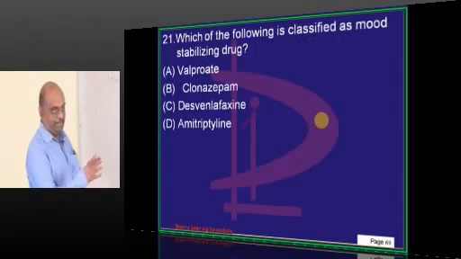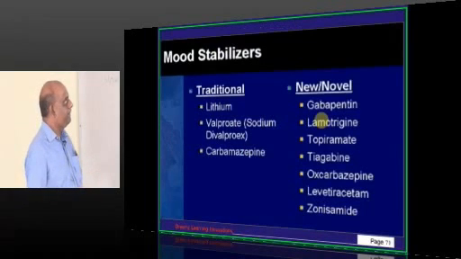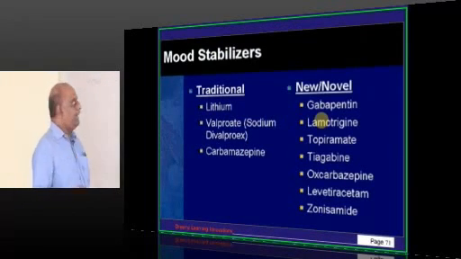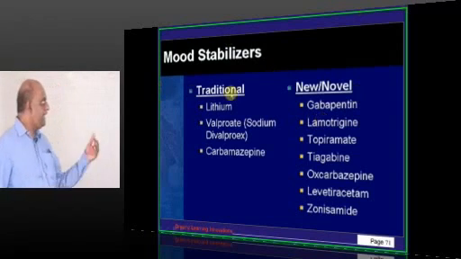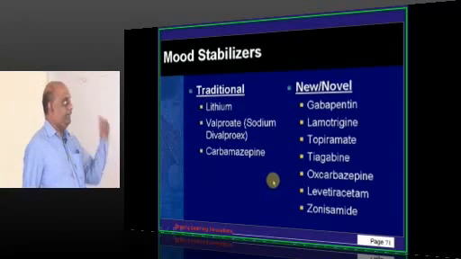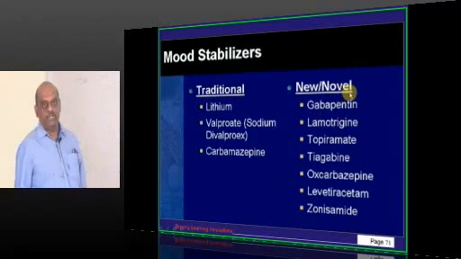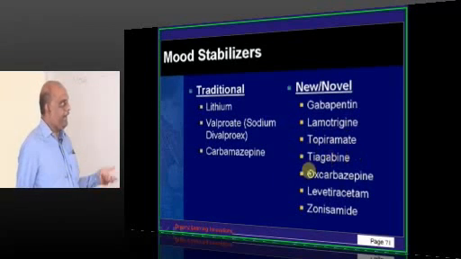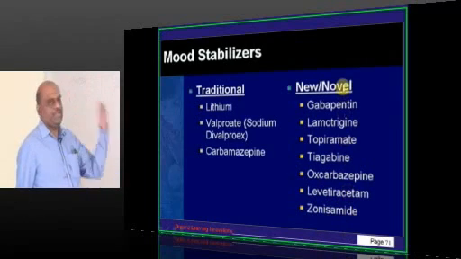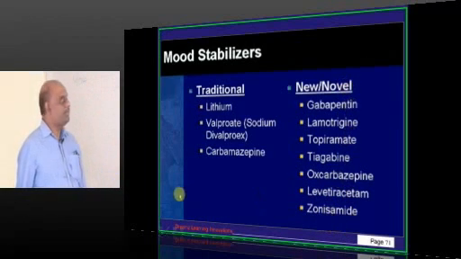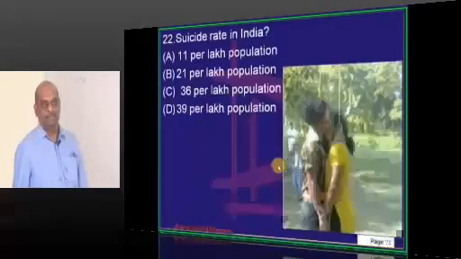Sorry, it is not there here. I'll come back to that. Now, what drugs are mood stabilizers? Lithium, valproate, carbamazepine. And the newer drugs which are mood stabilizers are lamotrigine, topiramate, tiagabine, levetiracetam, zonisamide. Almost all anti-epileptics are mood stabilizers, but mainly lithium, valproate, carbamazepine.